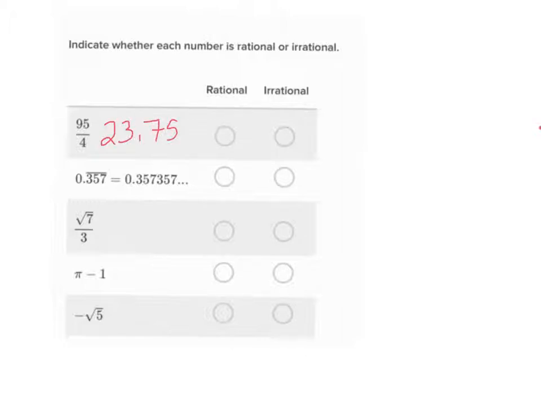Now that's a decimal that stops. Since it stops, it's rational. Okay? Let's look at this second example. This decimal, this bar above the 0.357 indicates it goes on forever, but notice it goes 357, 357. It has a pattern. And since it has a pattern, it is also rational.